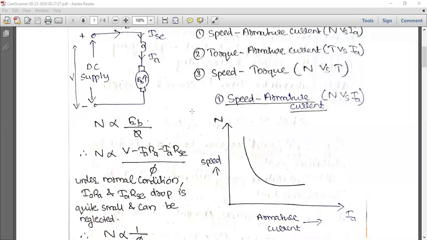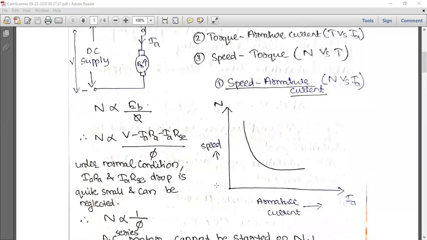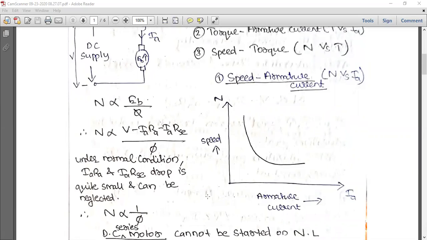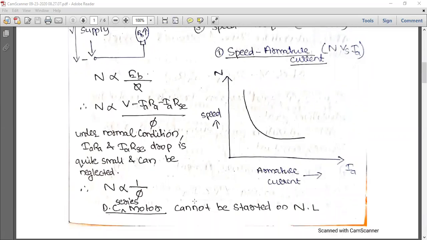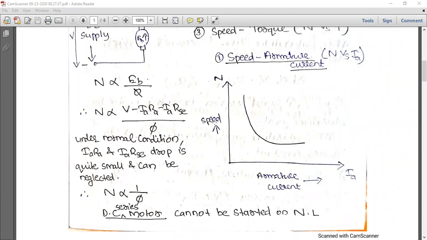Under normal conditions, the IARA and ISCRC drops are quite small and can be neglected. So we can write that N is proportional to 1 by phi. That's why the speed armature characteristic is an inversely proportional curve. This is the explanation why the curve is like this.